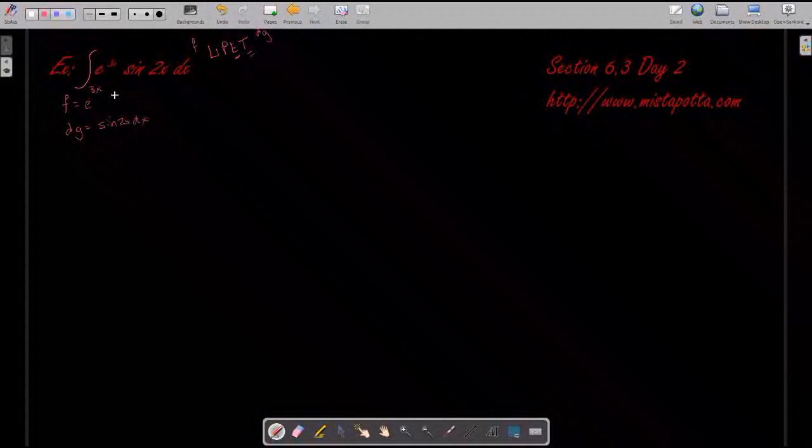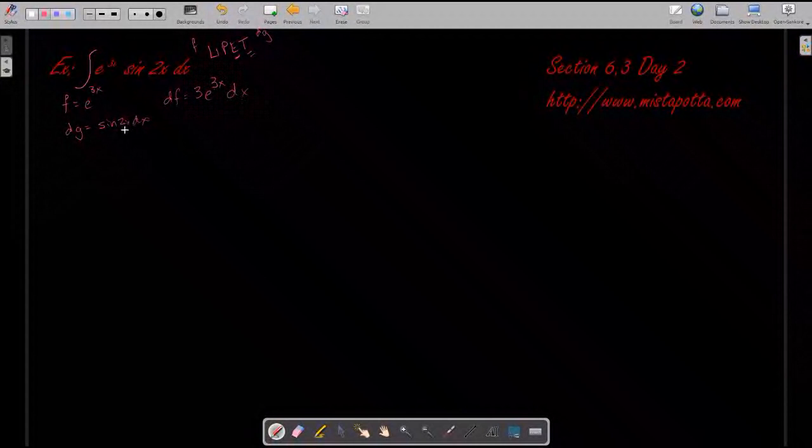Now, I'm going to have to take the derivative of f, and of course when I take the derivative of something that has a linear term, the chain rule is going to give me just the derivative of that linear term, 3e to the 3x dx.